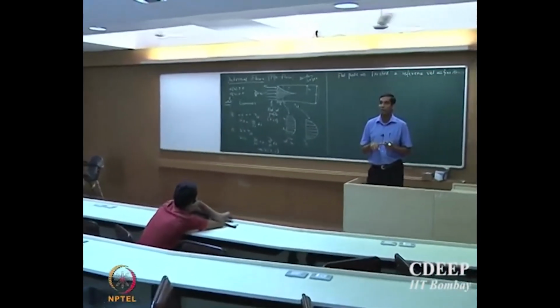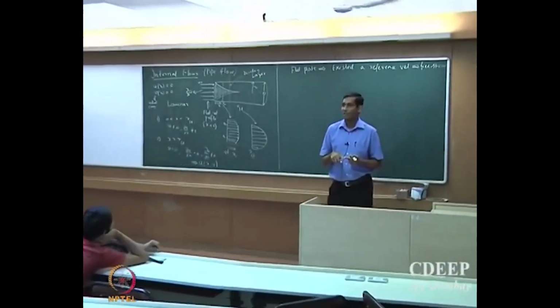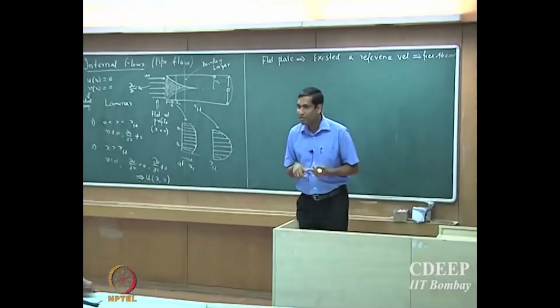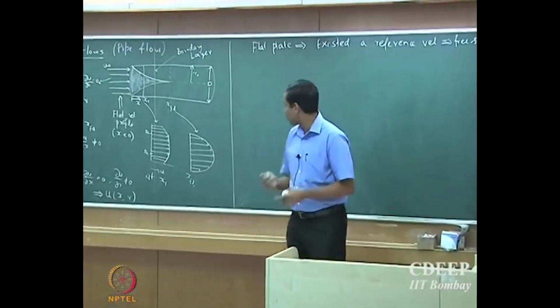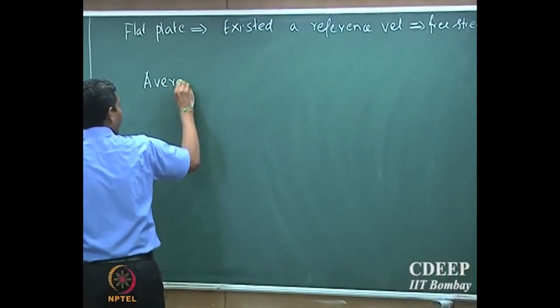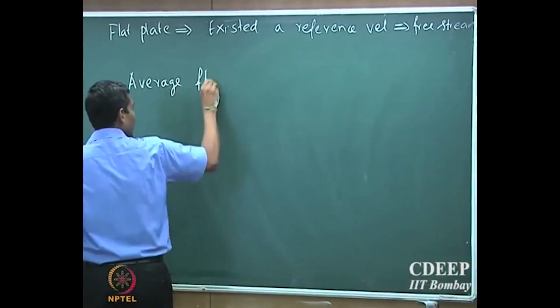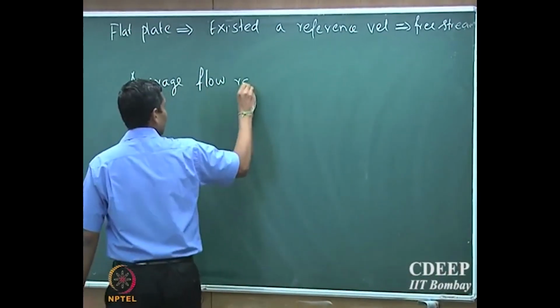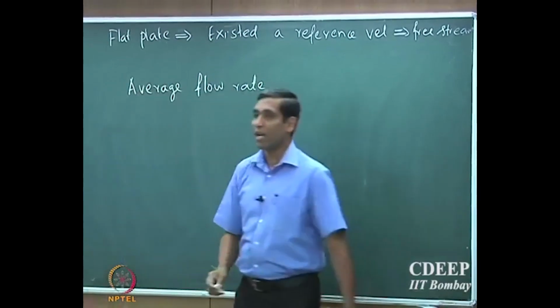Average. Why average? Because at every cross section we can define an average flow rate. There are two reasons why it is a good measure.